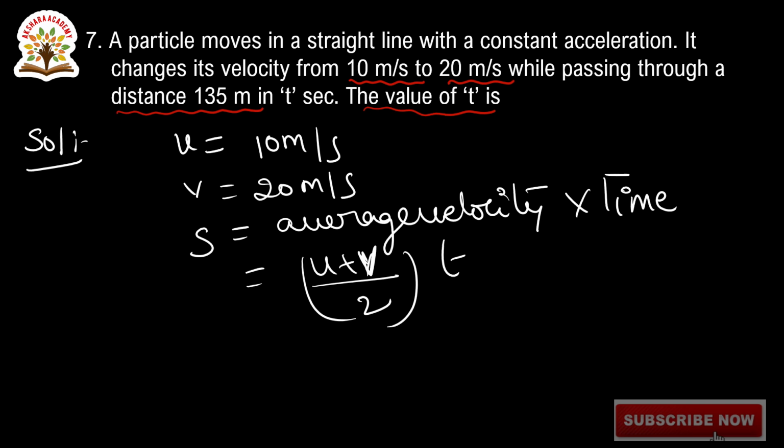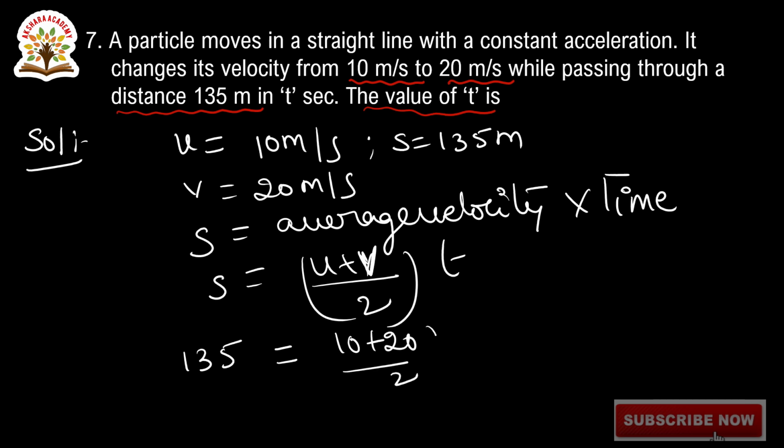So substituting the s value, s they given 135 meters. Substituting 135 in the place of s and in the place of u, 10 plus 20 by 2 into t. So 135 is equal to 10 plus 20, that is 30 by 2, into t. 2 ones are 2, 15s.